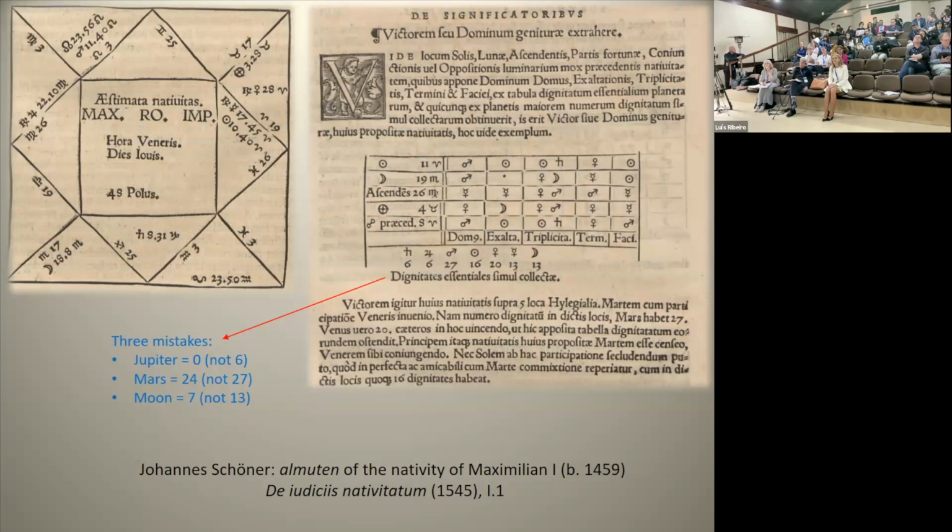And the other thing is that you mentioned that you were looking for some sources for counting accidental dignities into the system of calculating Almuten or Almuten-like scoring systems.